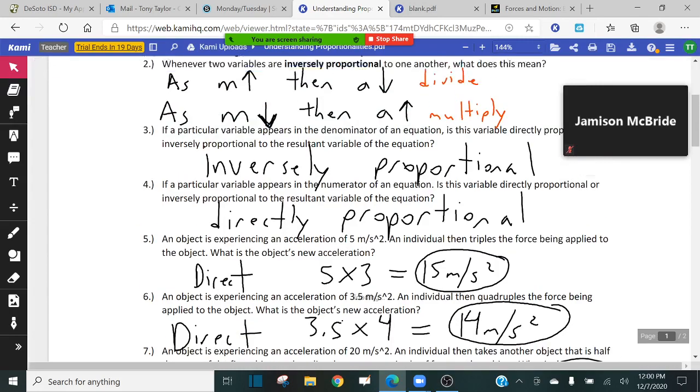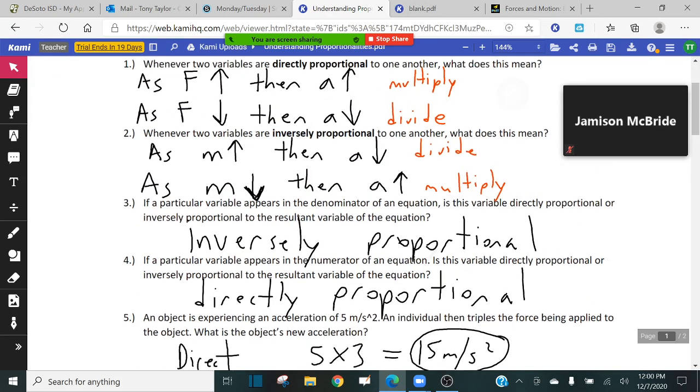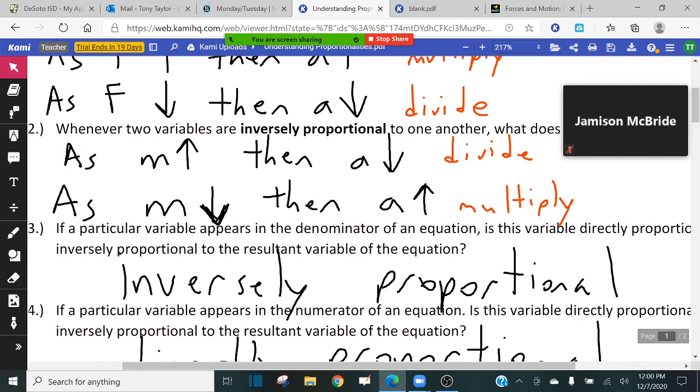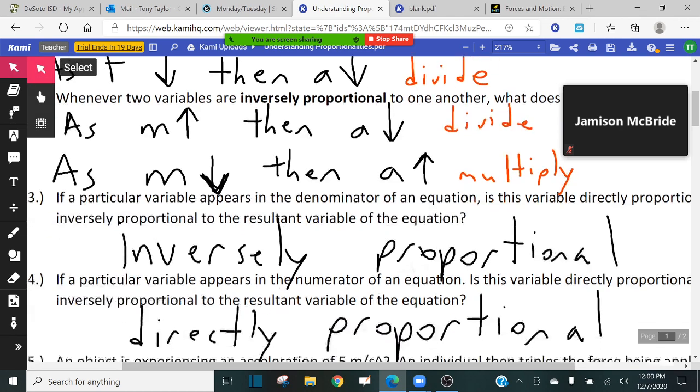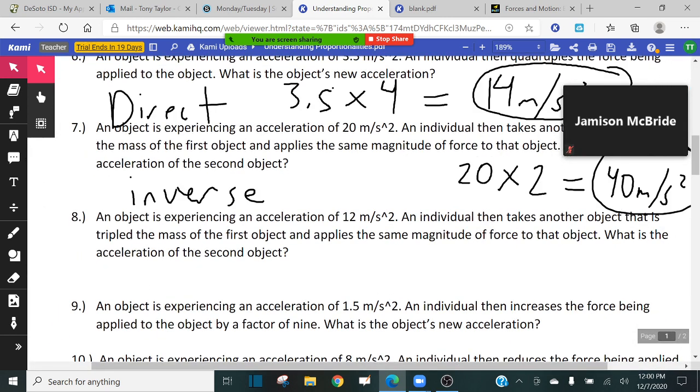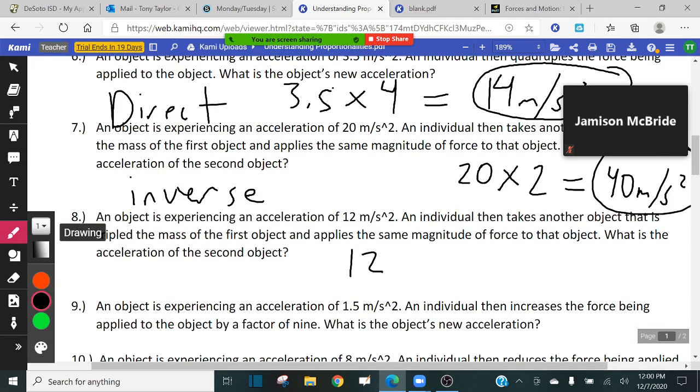So what's going on here? We're looking at this situation right here: as mass increases, acceleration must decrease. So guess what we need to do here? We need to divide. Anytime our acceleration is decreasing, we need to divide. Going back to number 8, the acceleration is originally 12 meters per second squared, and we triple the mass but apply the same force.